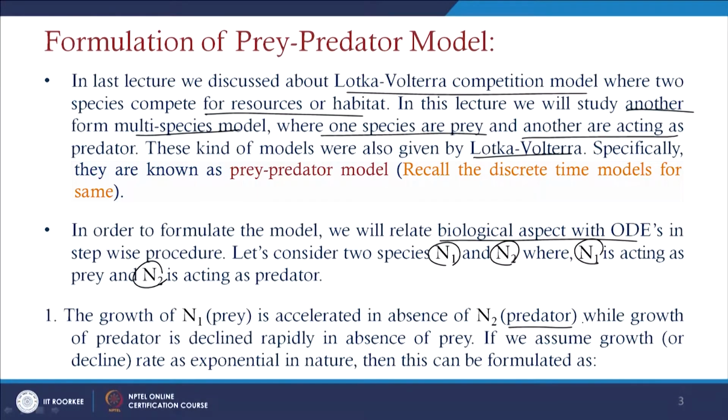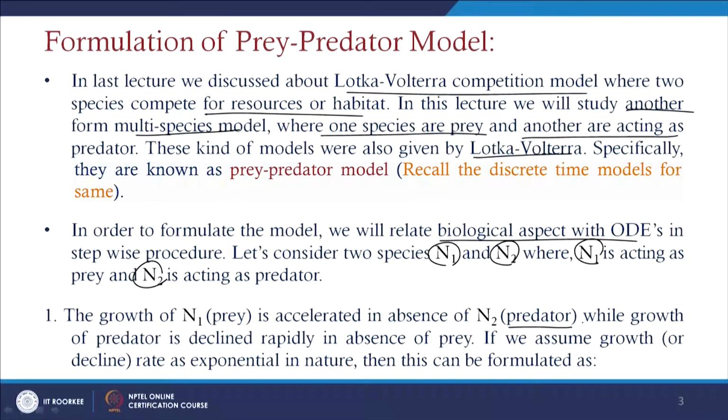This means that if the predator is not present, the prey will initially grow exponentially, since the initial resources or food are available to them and there is no decline of that population.